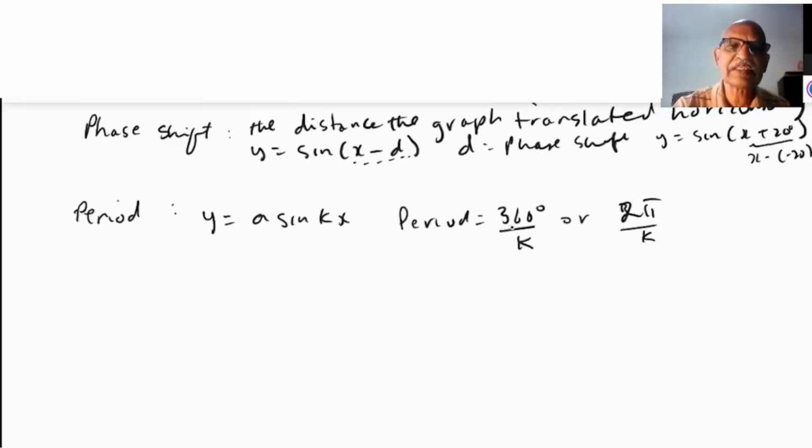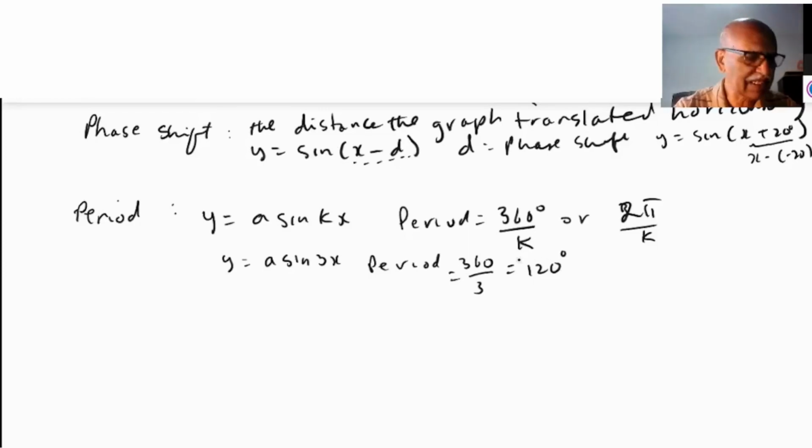So the period is in how many parts the normal cycle is divided. So let's say y equal to A sine of 3x. The period will be 360 divided by 3, which means for every cycle there is 120 degrees.